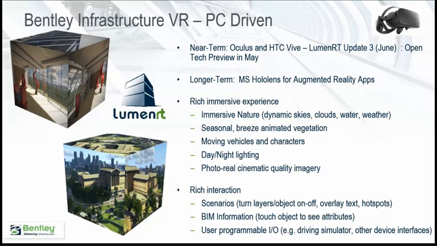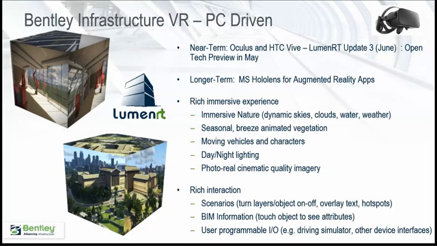We're also going to provide a user programmable set of input and output to the VR device, so you can actually hook up other devices. So for example, we have a customer right now that's working with a LumenRT Live Cube using a driving joystick.